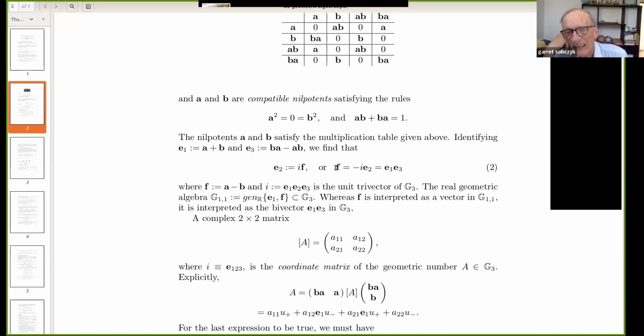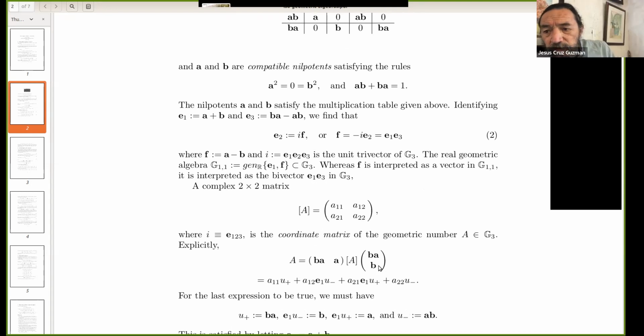So you can consider the Pauli algebra is generated by E1 and E2 over the complex numbers, where you're identifying E3 as equal to I times E1 times E2. In that sense, you can say that G3 is generated by E1 and E2 over the complex numbers. I think that's correct, right?